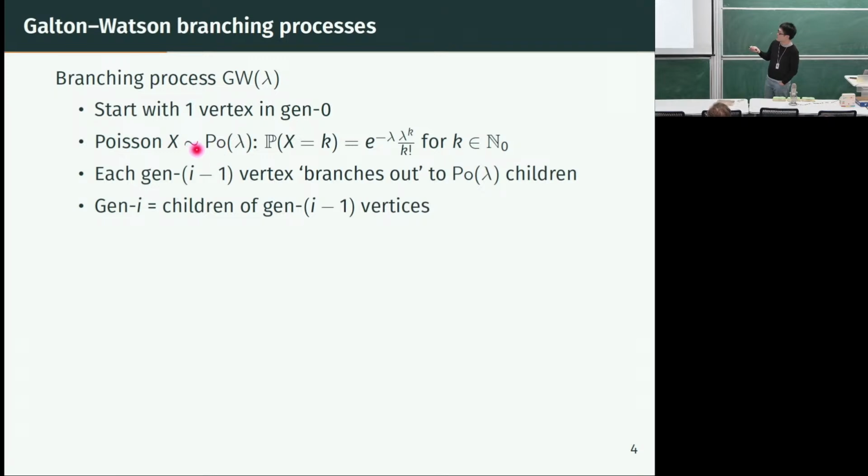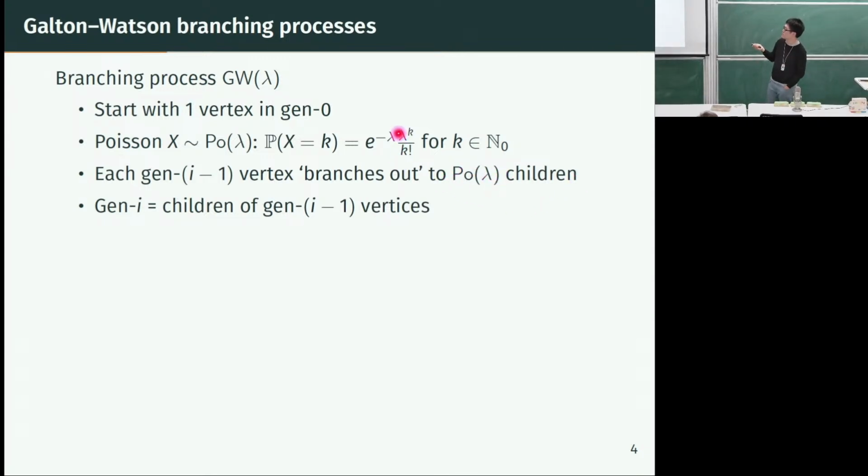Poisson meaning a distribution on the non-negative integers given by a probability mass function as follows. And what happens is that in each generation, for each vertex, you have Poisson(lambda) many children. One thing to know about the Poisson distribution is that this parameter lambda is the expected number of children that you would have.